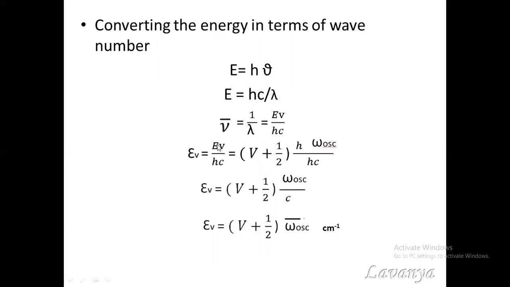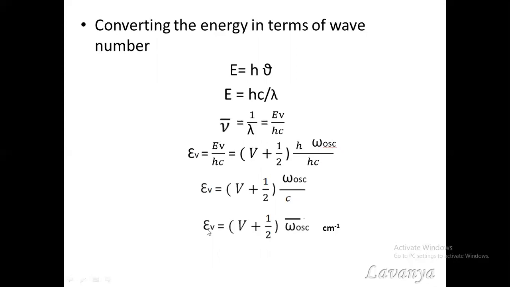Epsilon v is equal to E v by hc. So our equation becomes (v plus 1 by 2) into h omega oscillation by hc. This h and this h get cancelled. So what I got is omega oscillation by c. This omega oscillation by c is nothing but omega bar oscillation.